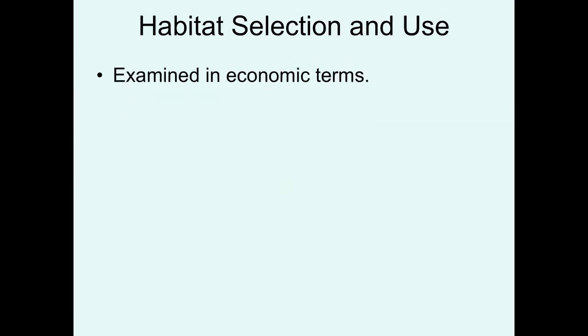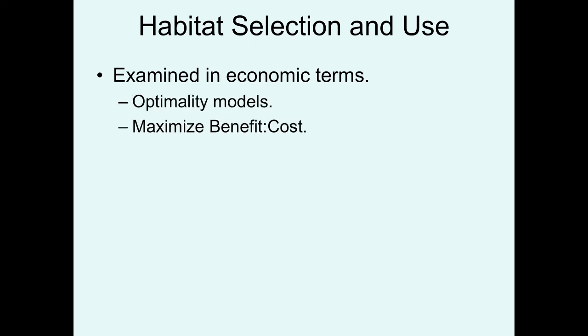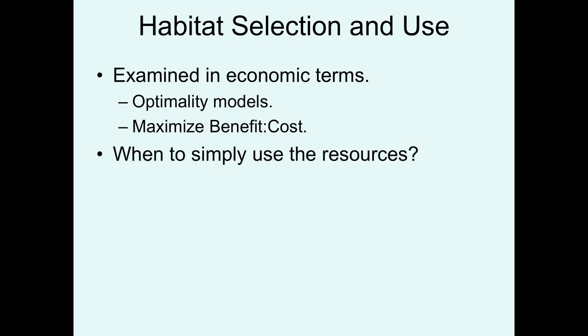When we examine habitat use patterns in animals, we're oftentimes examining it from the perspective of the economic use. So in a similar way that we talked about optimal foraging, we can talk about optimal behaviors associated with habitat use. We're going to assume that individuals are trying to maximize benefits and reduce costs.